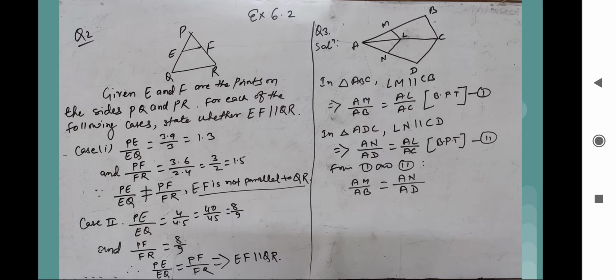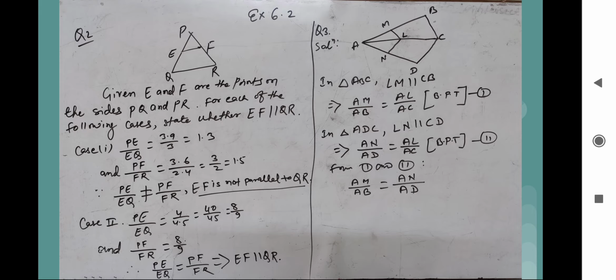PF is 8 and FR is 9, so PF by FR is equal to 8 by 9. In this case students, it is clear that PE by EQ is equal to PF by FR. This implies that EF is parallel to QR. Similarly, you will attempt part third of this question yourself.